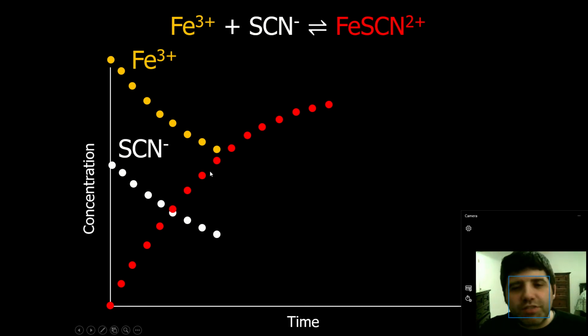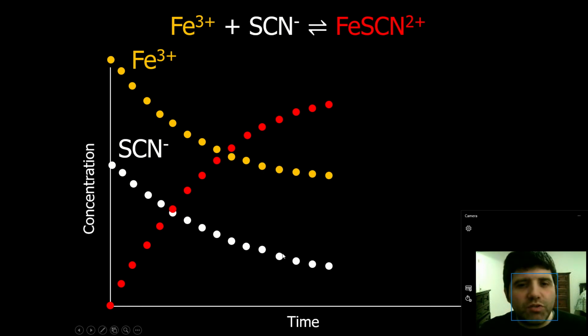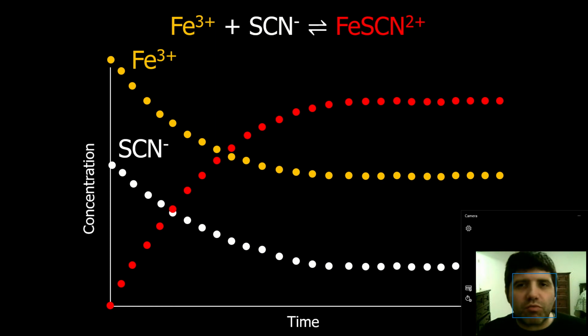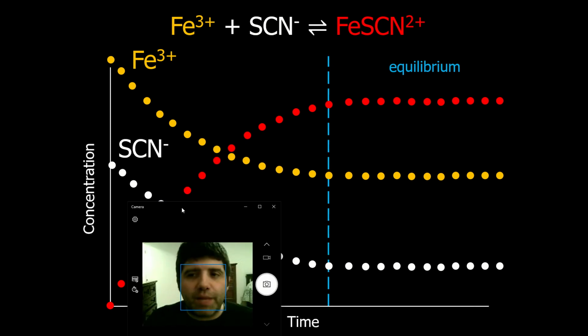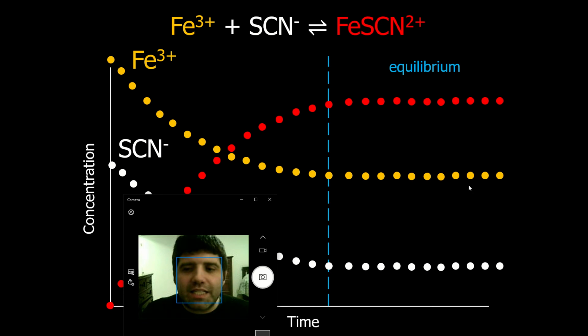So the backwards reaction starts to catch up to the forwards one. And so the amount of the reactant that we're losing starts to slow down until we've reached a point where the rates of the forward and backwards reactions line up. And so at that point, when the concentrations stop changing, we have hit what we call chemical equilibrium. So same exact concentrations over time.